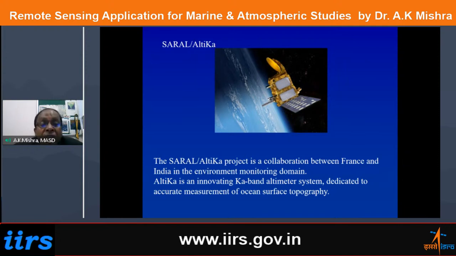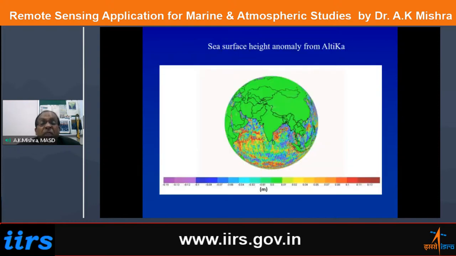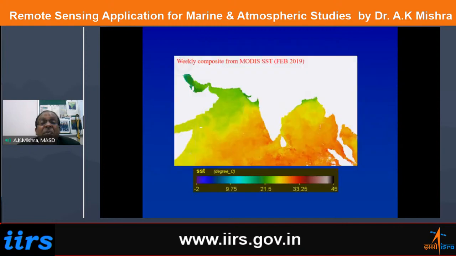It is a project collaboration between France and India, and AltiKa has a Ka-band altimeter, and it is dedicated to accurate measurement of the ocean surface. It is also known as coastal altimetry, and these are sea surface height anomalies from AltiKa.